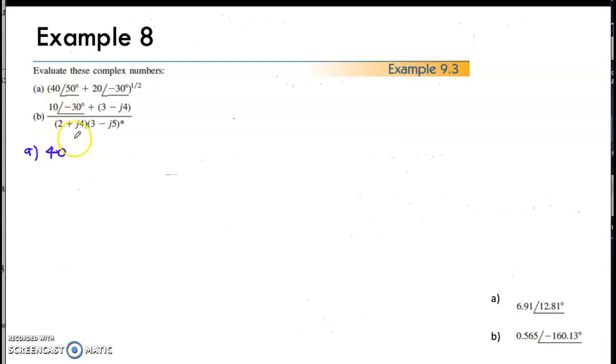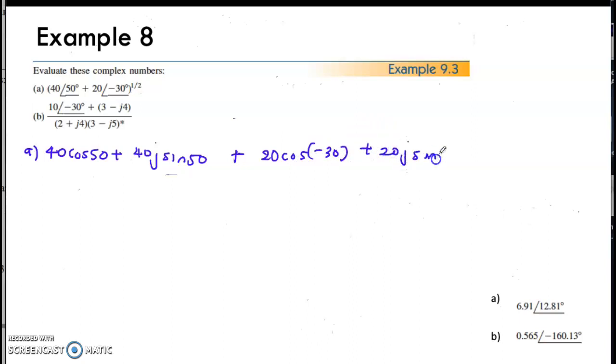So 40 angle 50 becomes 40 cos 50 plus 40 j sine 50, plus 20 cos minus 30 plus 20 j sine minus 30.